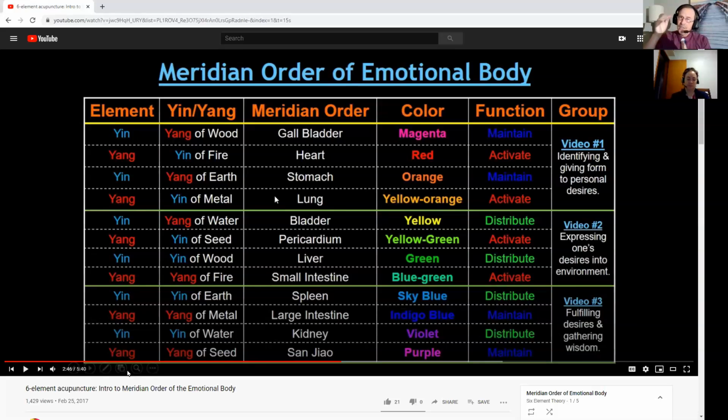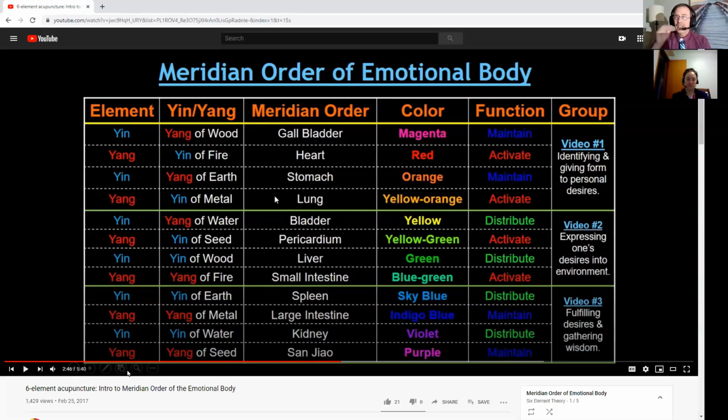So when you go through this emotional order, you go around the six element cycle twice. By the elements, you're going yin, yang, a yin element, then a yang element, a yin element, then a yang element. So there's order.